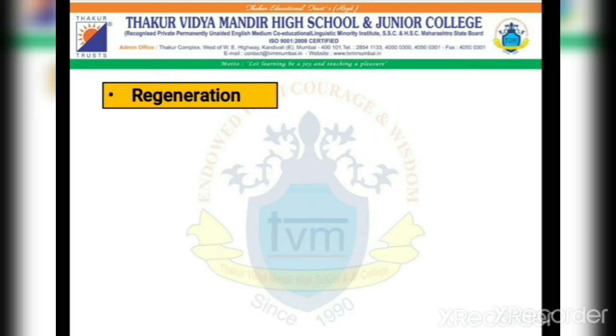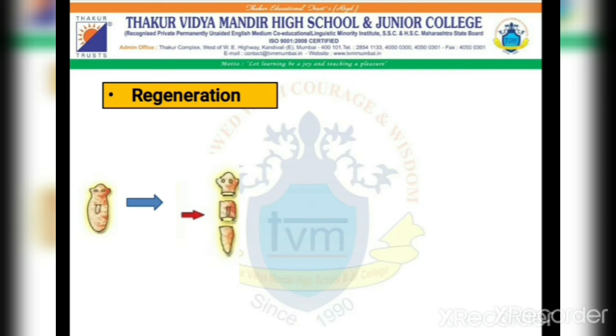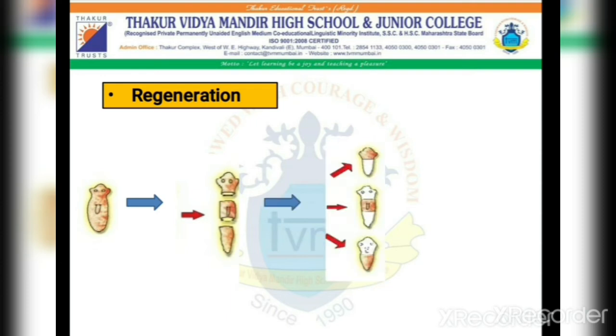Here we have an example of planaria. Planaria breaks up its body into two parts. That means the whole body, we can see three sections: the head part, the body part, and the tail part. And each part starts to regenerate.